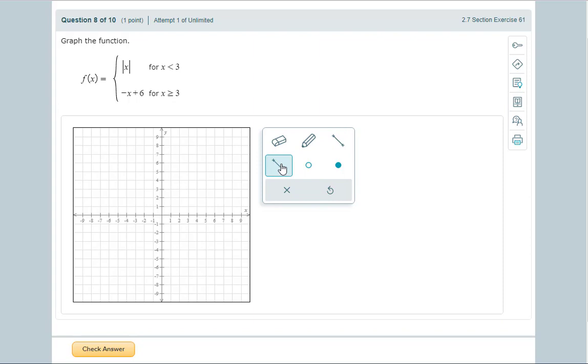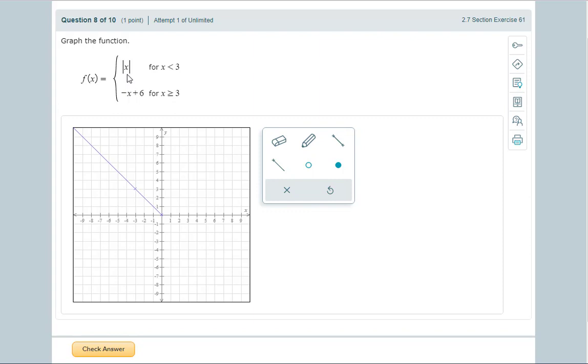Now, absolute value is a V. So let me pick this tool and I'll put the first dot, the pointy one, at the origin. And now, what about this V? Well, the V makes a diagonal line. So there is a piece of my absolute value.